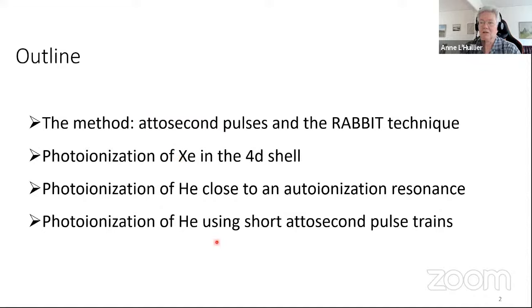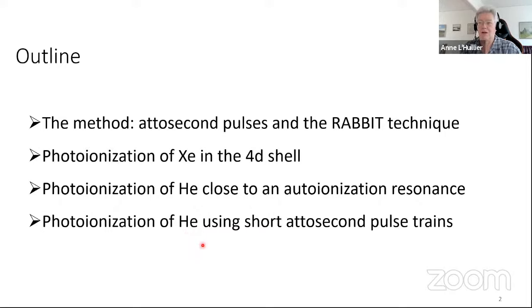And then I will discuss three applications, three processes that we have studied. First, photoionization of xenon in the 4D shell, then photoionization of helium close to an autoionizing resonance, and finally, photoionization of helium using short Attosecond pulse trains.